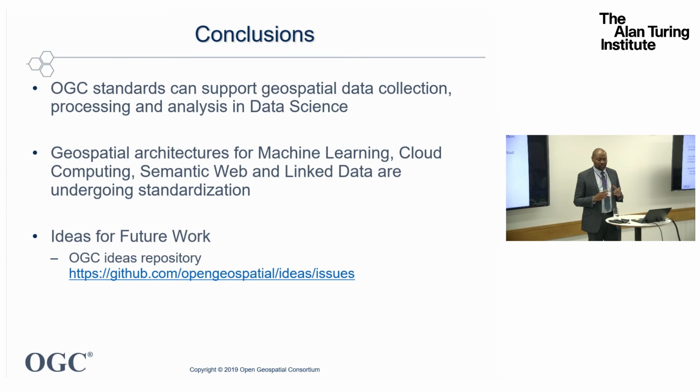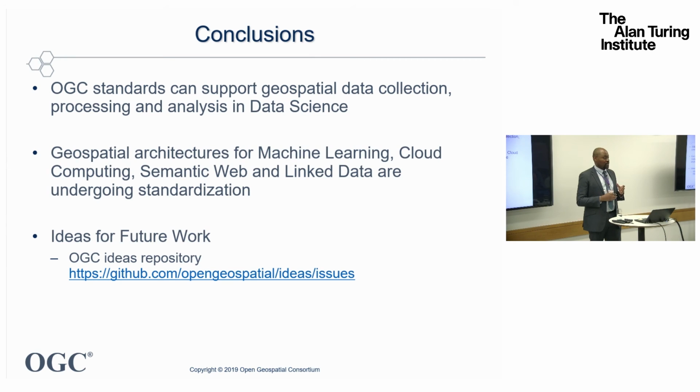And in terms of the specific areas that the geospatial standardization community is currently focusing on, some of the key topics of relevance to data science include machine learning, cloud computing, the semantic web, and the broader linked data concepts. All of those areas are currently undergoing standardization.